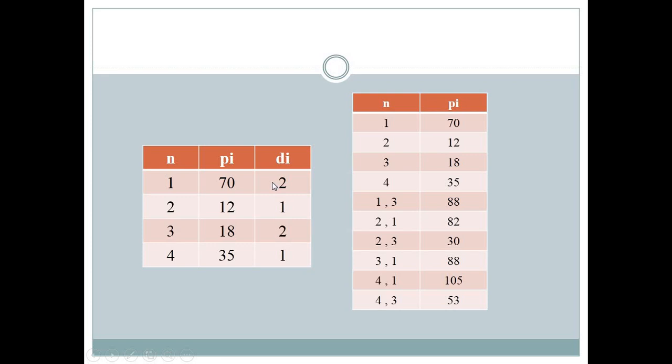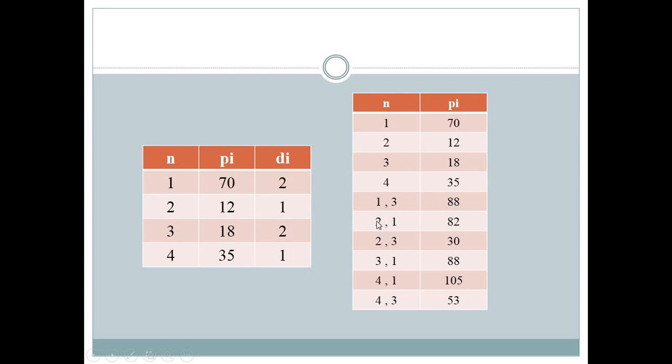So if we start our job number 1 before its deadline, so if job number 1 is selected, it can start at time 1, so we will gain its profit 70. And job number 3 whose deadline is 2 can start on its deadline 2, and we can gain profit 18 from it, so the total profit will be 88.